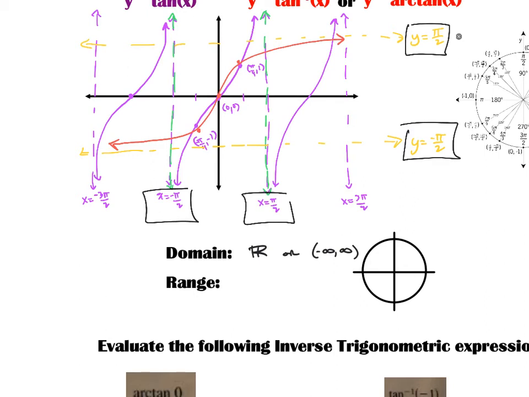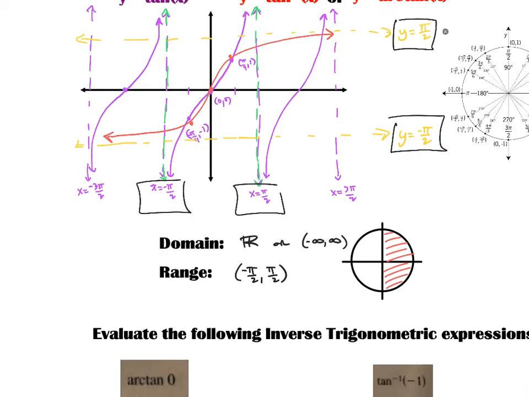The range will not include negative pi over 2 and pi over 2, but it will be possibly everything in between. It can take on any input or output within negative pi over 2 and pi over 2. So our natural restriction on arctangent are answers that land in quadrants 1 and 4, very similar to arcsine of x.